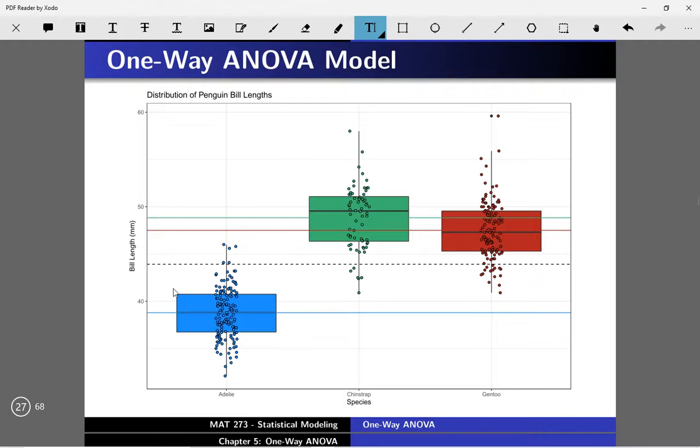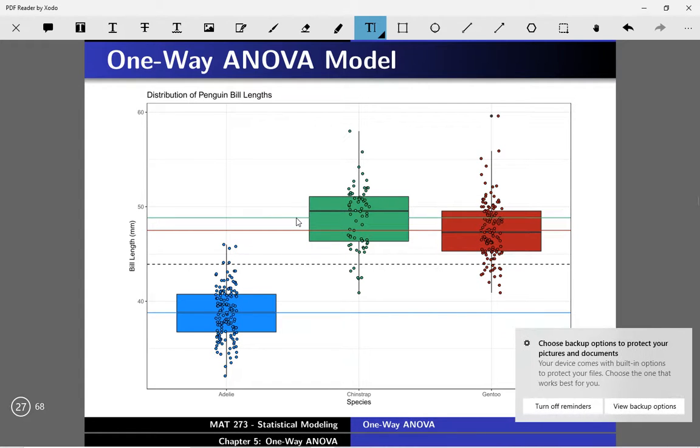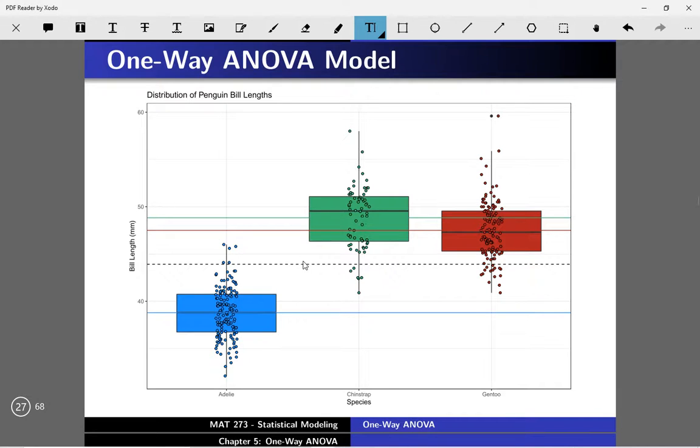because alpha sub k is the shift from the overall grand mean. Since the Adelie penguins have a lower bill length on average than the grand mean, the alpha sub k for the Adelie penguins is going to be negative. And similarly, for the chinstrap penguins, this distance here from the dotted black line to the green line is going to be positive.